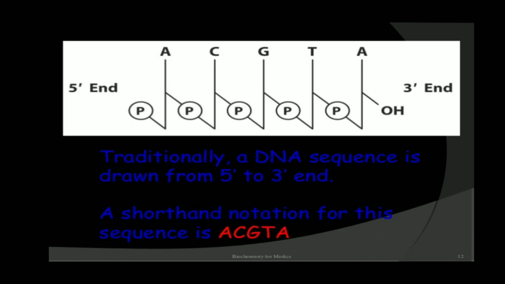Traditionally the DNA sequence is drawn from the 5' to the 3' end, and here you can see adenine, cytosine, guanine, thymine, adenine. You have to read these sequences from the 5' end to the 3' end. A shorthand notation for this sequence is ACGTA.